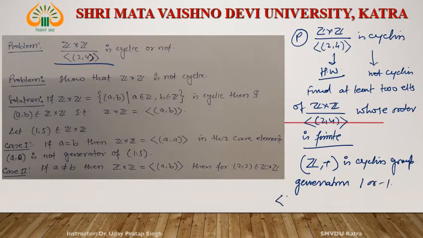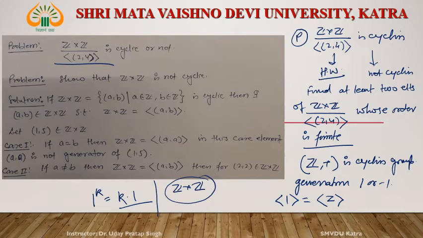Okay, it means the subgroup generated by 1 is equal to Z, and 1 to the power k means k into 1, k times addition. Then Z plus is a cyclic group. Now we have to show whether, if Z is cyclic, then Z cross Z is also cyclic. See the example.